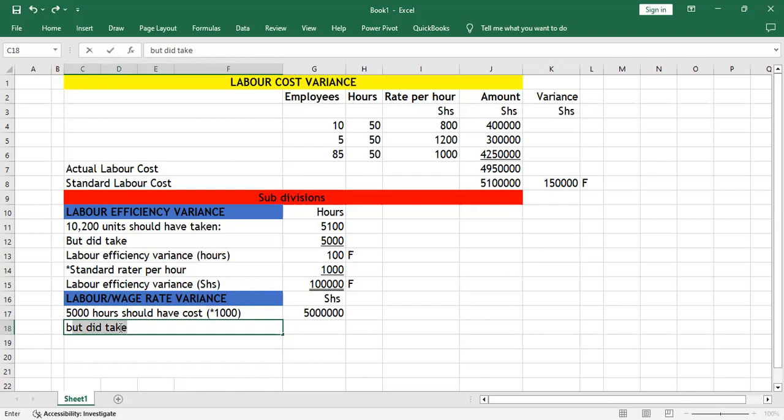But they did cost 4,950,000. Remember, we have our actual labor cost as 4,950,000. Therefore, we have a labor, or wage rate, variance.